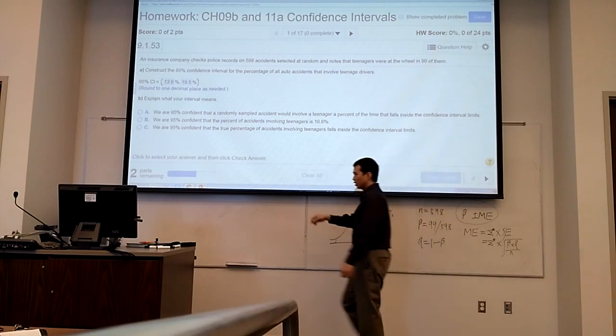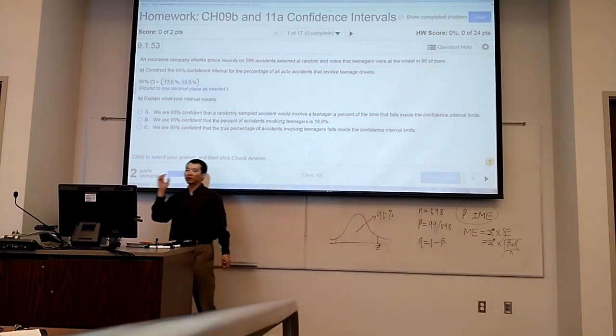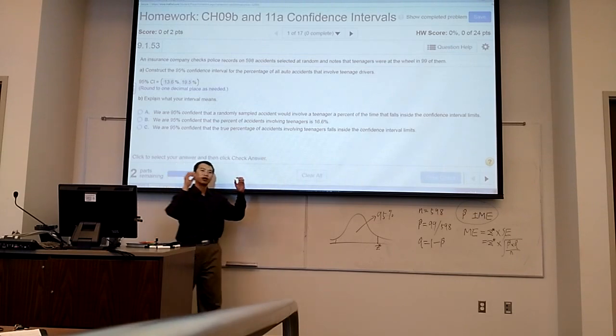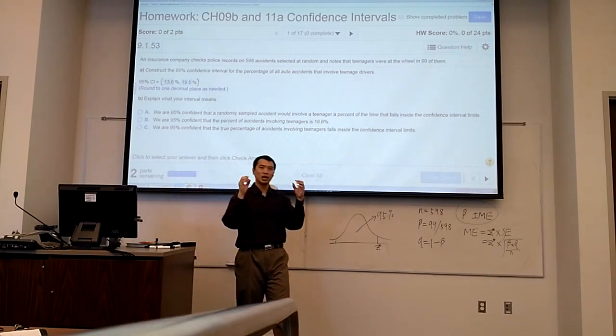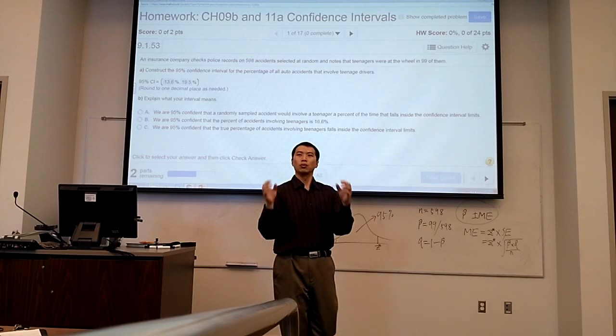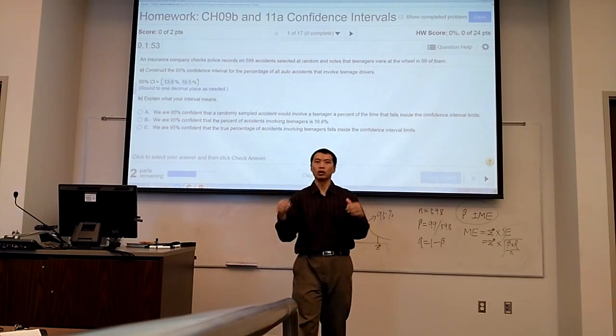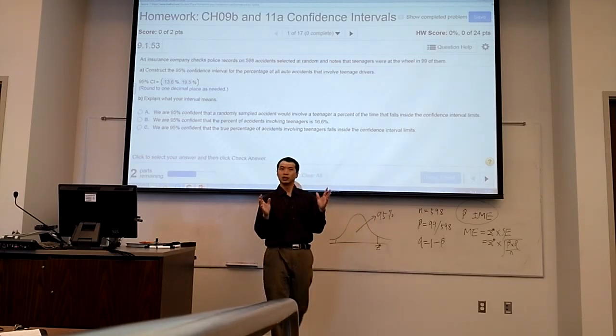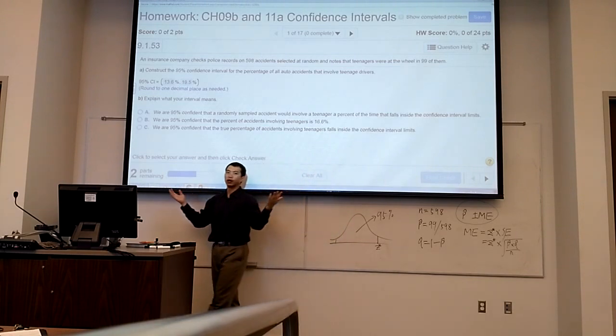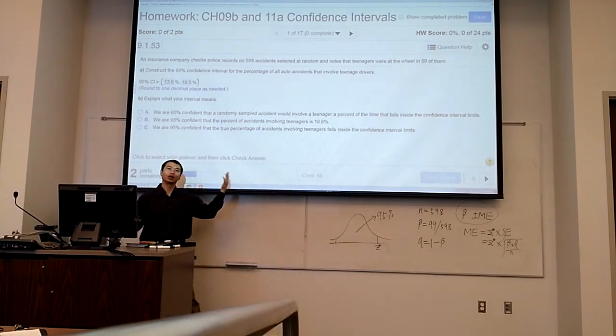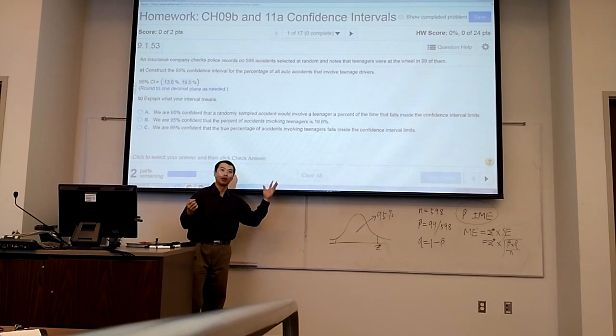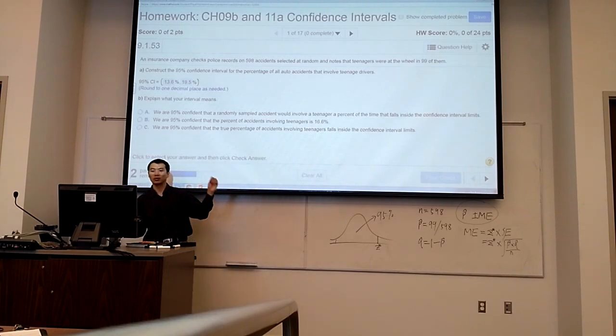That is, we are a certain level of confidence that the constructed interval captures the true population proportion, or later on we will talk about the mean and other parameters. So that's the only way to describe that.